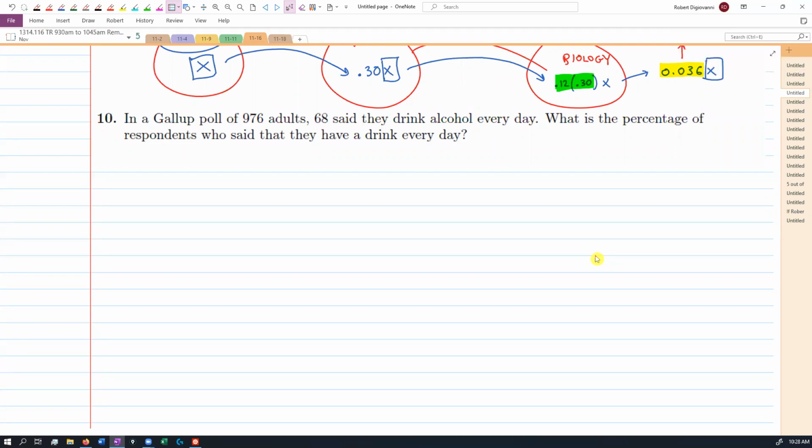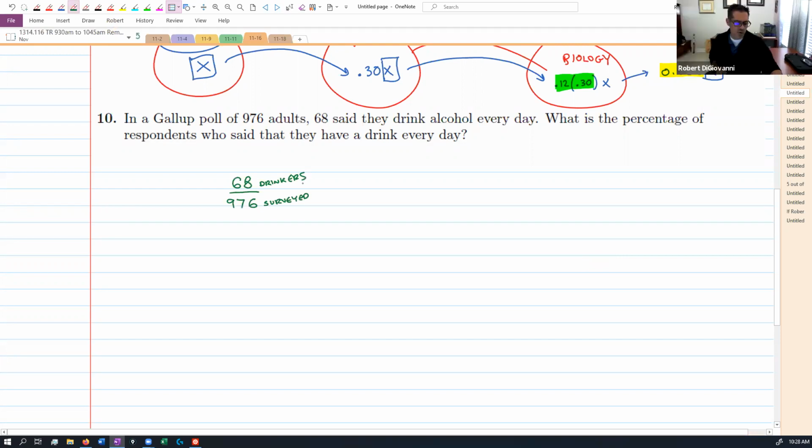My first thought is to put 68 over the 976 and then multiply it by x over 100. So you are setting up a ratio, right?